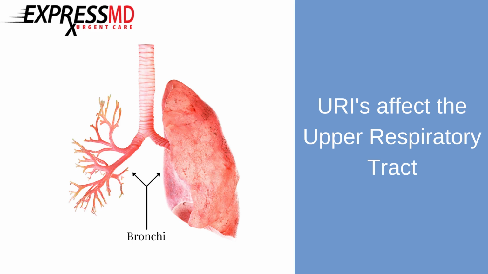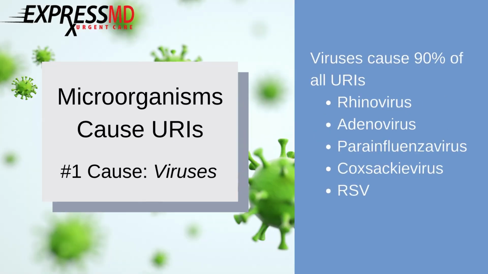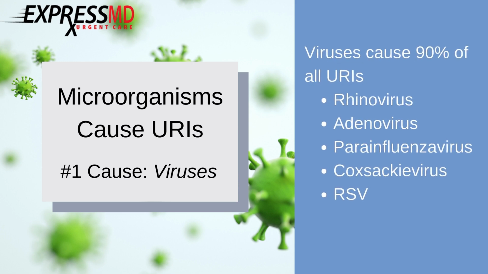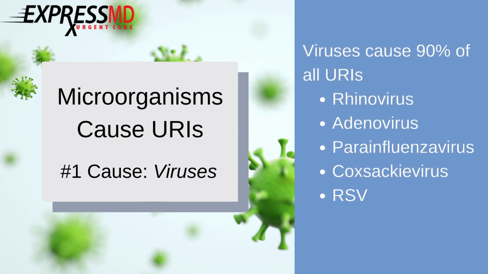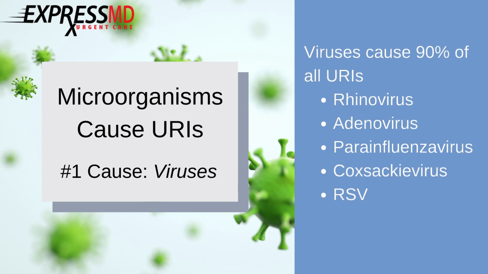As you can imagine, a variety of microorganisms can affect these different sites, leading to classic URI symptoms. By far, viruses are the most common cause of all upper respiratory infections. Specific examples of viruses include rhinoviruses, adenoviruses, Coxsackie viruses, parainfluenza viruses, and respiratory syncytial viruses, or RSV.